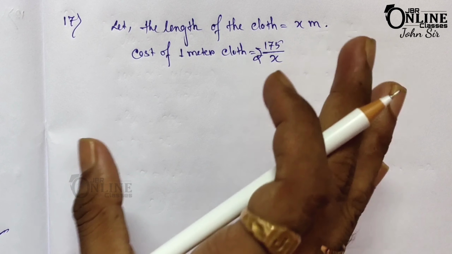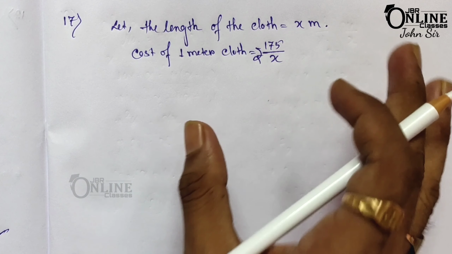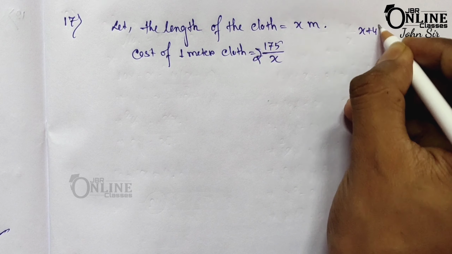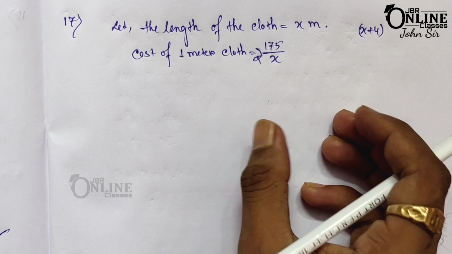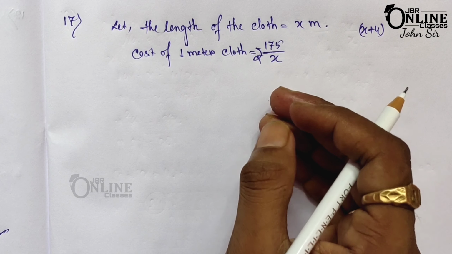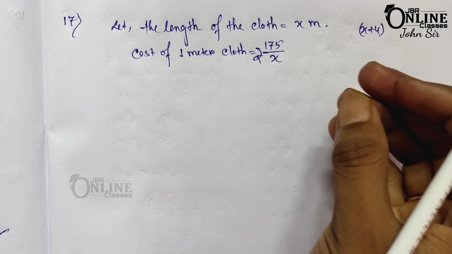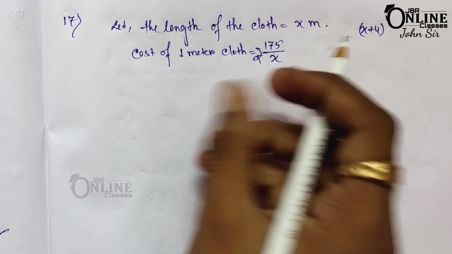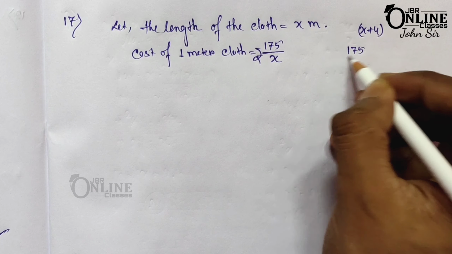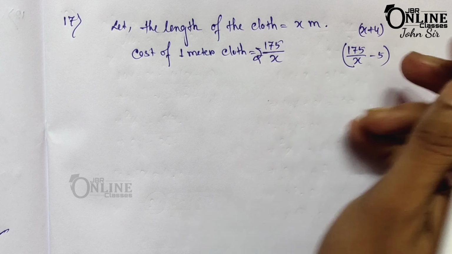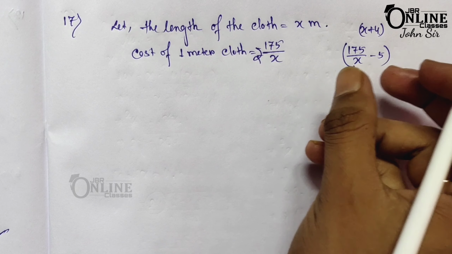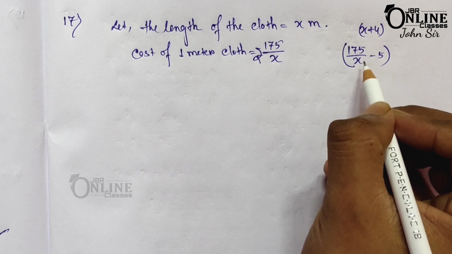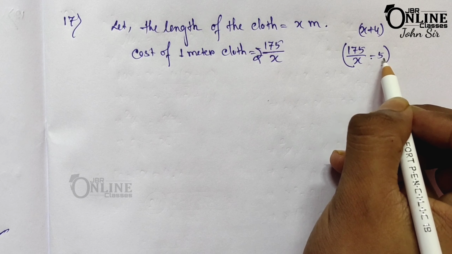Now the second condition: if the piece were 4 meter longer, that means now the piece will be x plus 4. And the cost per meter of cloth will be 5 rupees less. In the previous case you have 175 by x for 1 meter of cloth, so now it will be 175 by x minus 5. Each meter costs rupees 5 less, that means now each meter of cloth will be 175 by x minus 5.